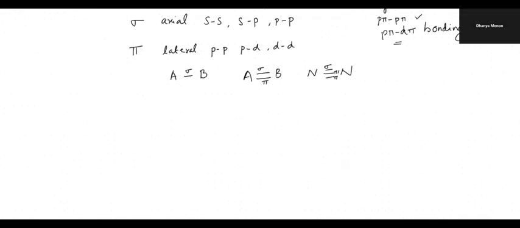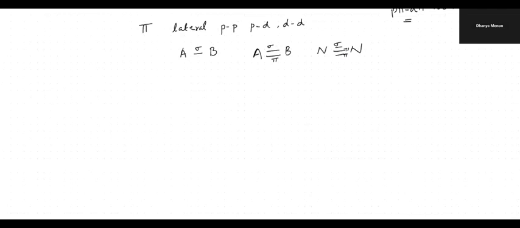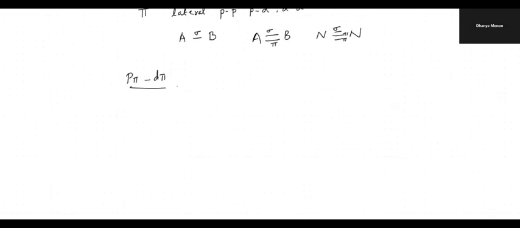So let's get started with p-pi d-pi bonding. Here we already learned that pi bonding is formed by the sidewise, lateral or parallel overlap of the orbitals.